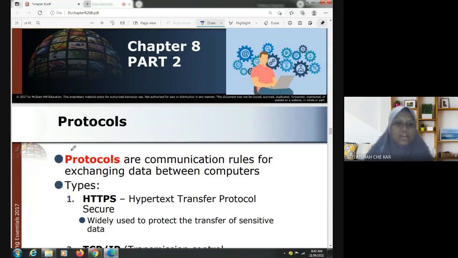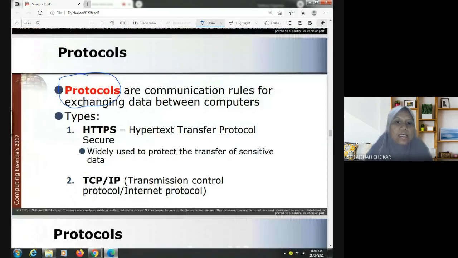So that's why we need a protocol. For computers, there are two protocols available currently. The first is HTTPS, usually for websites that need high security, to protect the transfer of sensitive data.